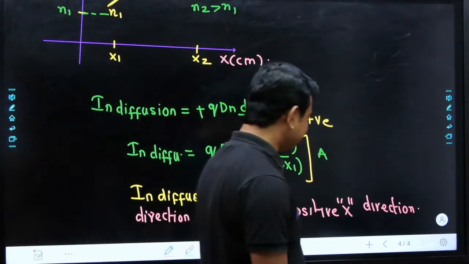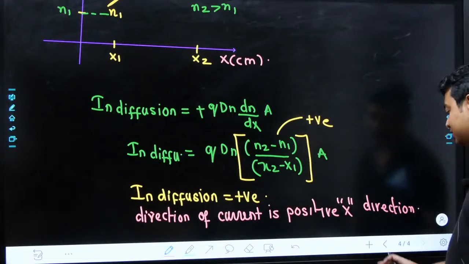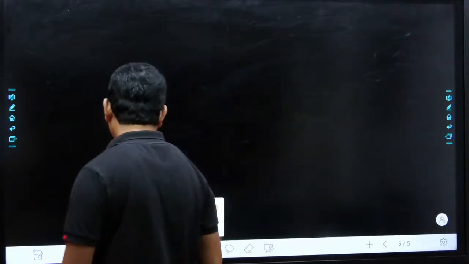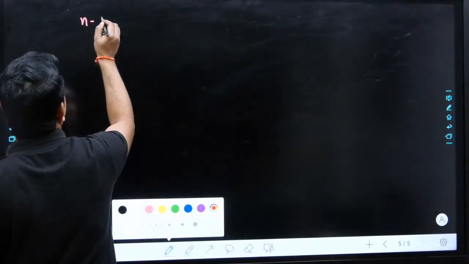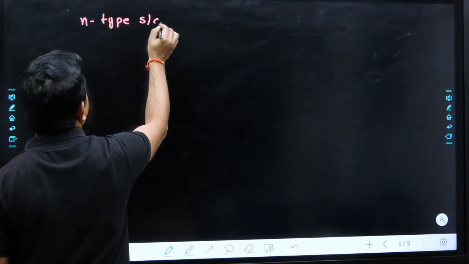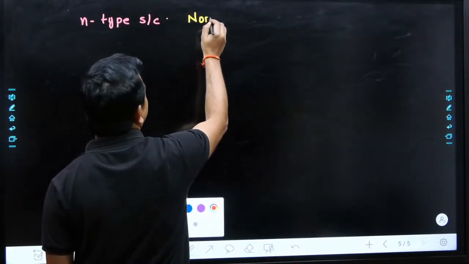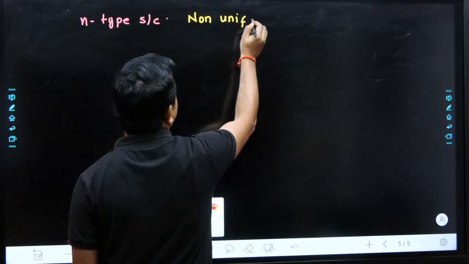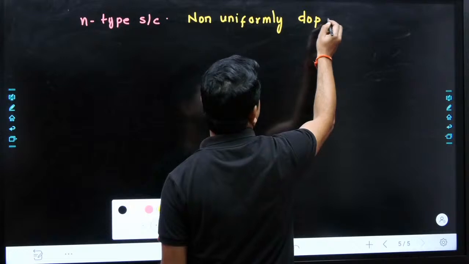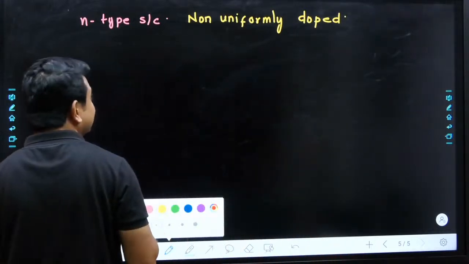Next, we are going to take another thing, that is the direction of current being the positive x direction. If you are talking about an n-type semiconductor that is non-uniformly doped, then what will happen?